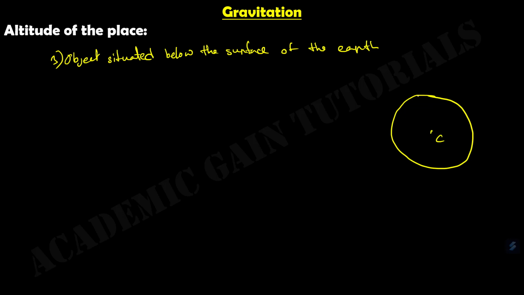The object is at a depth of h. So we just consider this circle to calculate the distance of our body from this position to the center of the earth.